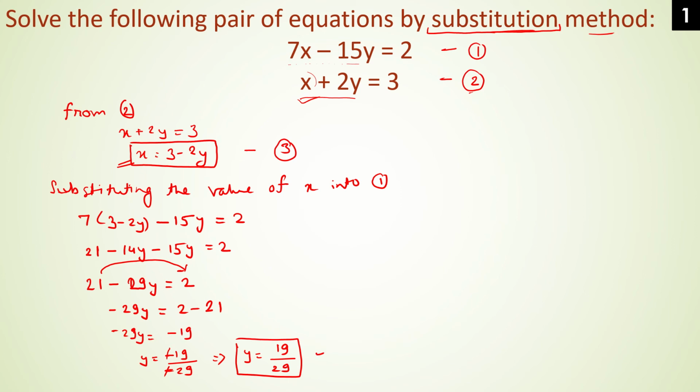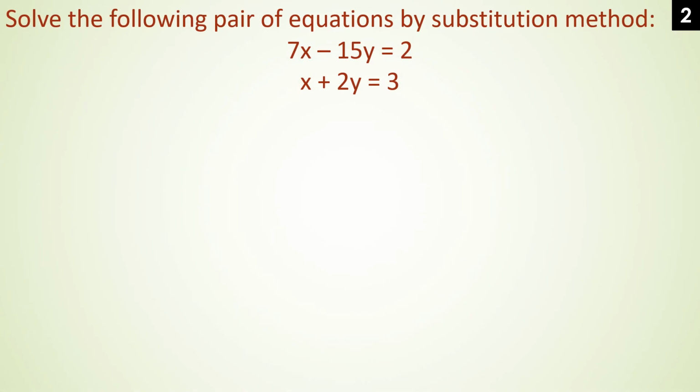Now this value of y can be substituted in any equation, first, second or third, to obtain the value of x. So it will be much easier to put the value of y into equation number third to obtain the value of x. So we have equation number third, x equals 3 minus 2y.